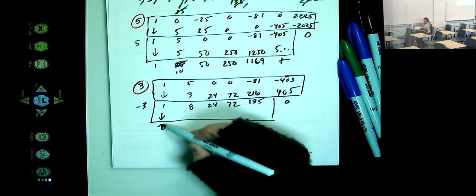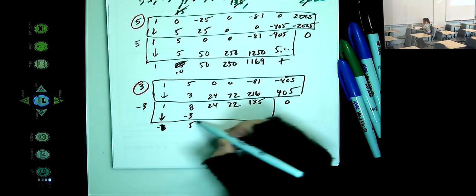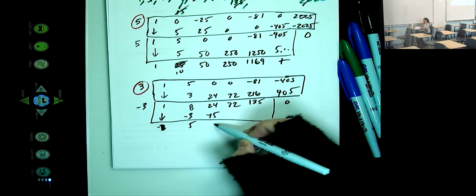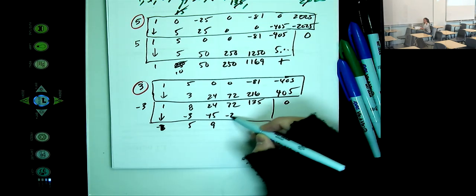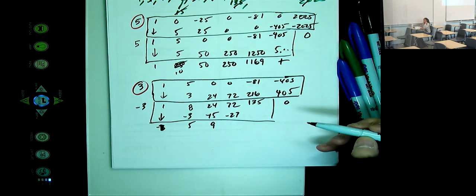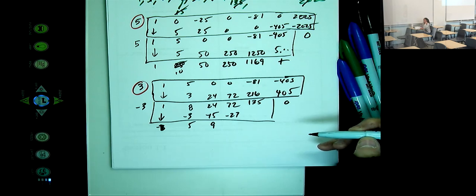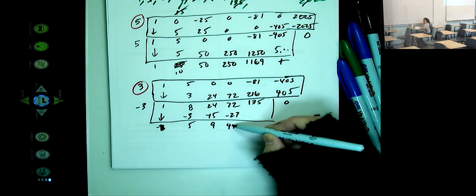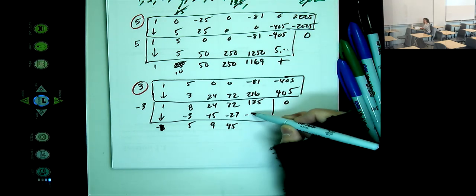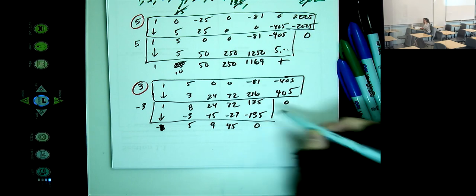Oop. Let's see, 72 minus 27, 45. Oh shit, look at that. Bam.